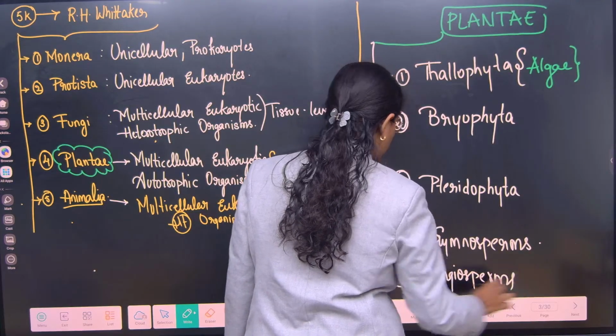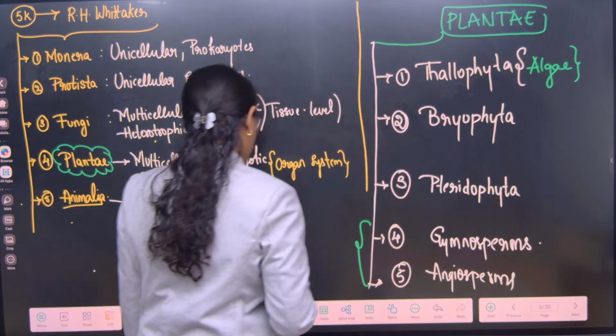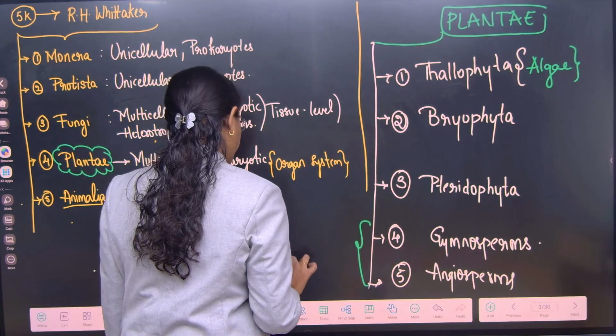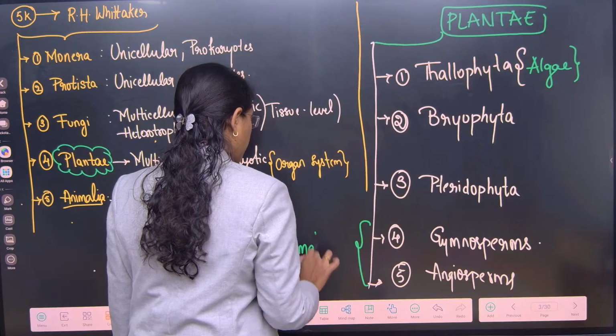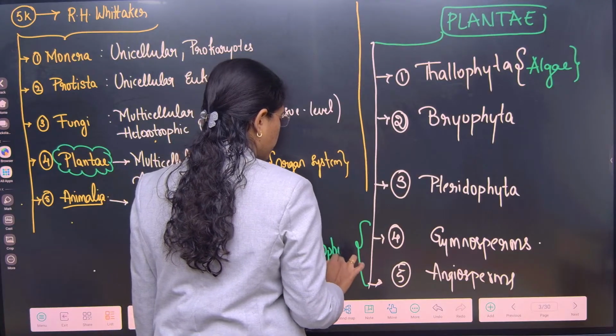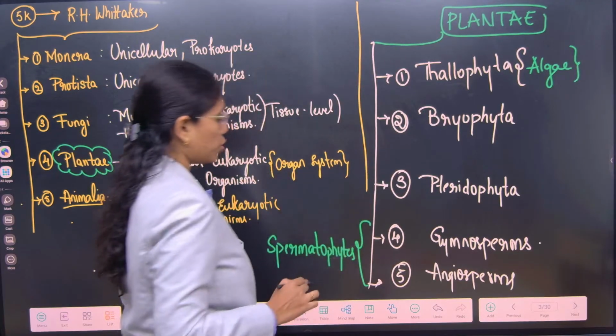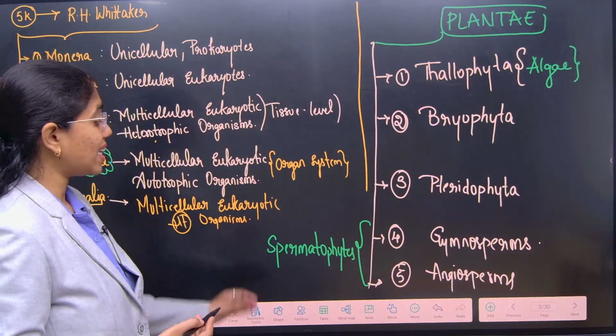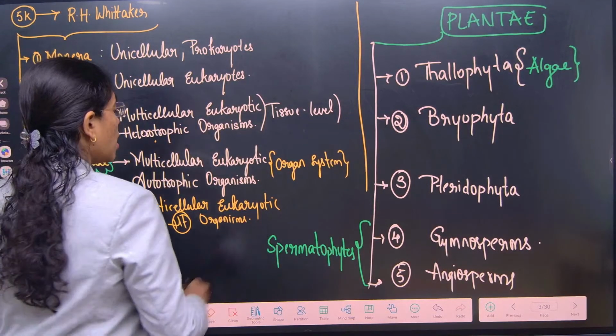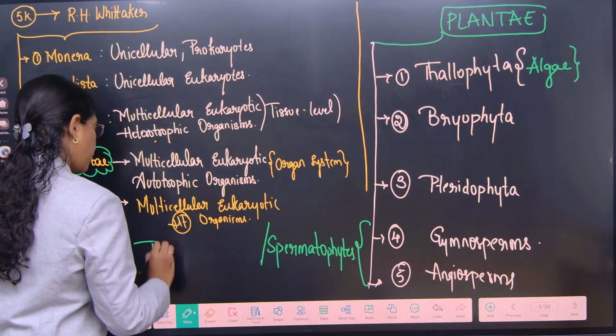Gymnosperms and Angiosperms come under spermatophytes. They are seed bearing plants. They are also addressed as phanerogams.